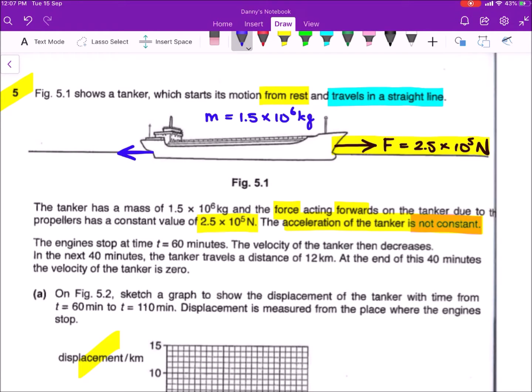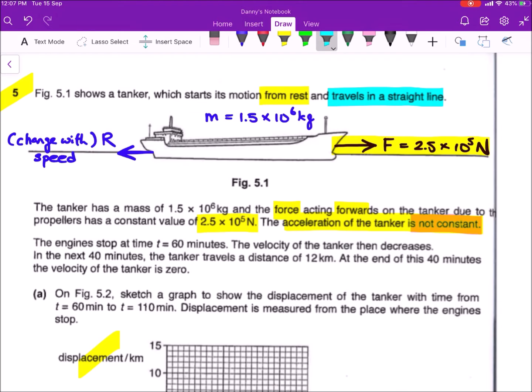It is called a resistive force or drag force. It comes with many names, but essentially it is just some forces that resist the motion of the object. So I will just call it R in general. So this force R is like your air resistance. I think it will definitely change with speed. So it is a changing force.